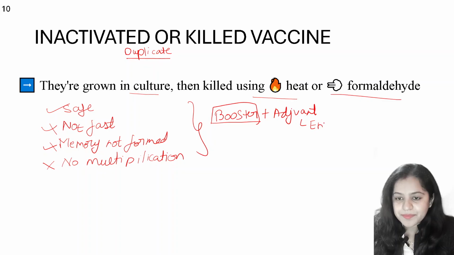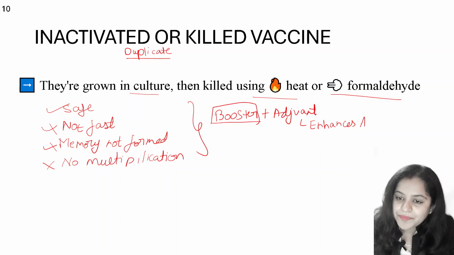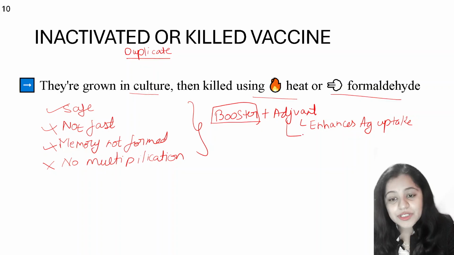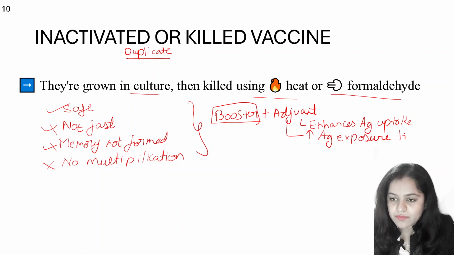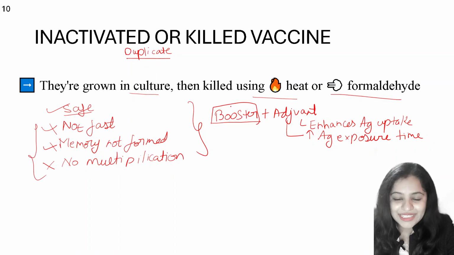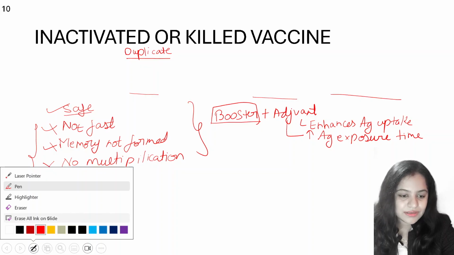It enhances your antigen uptake, and adjuvant also increases your antigen exposure time. What happens because of this? Same strong immune reaction. Okay, because see, apart from being safe, it has certain disadvantages. So to counter these, what do we do? We add boosters and adjuvant. Clear?